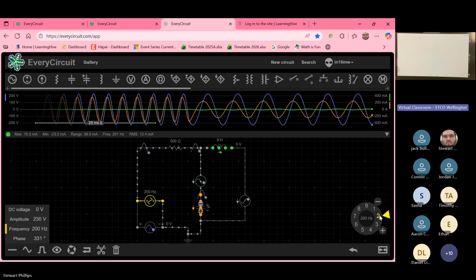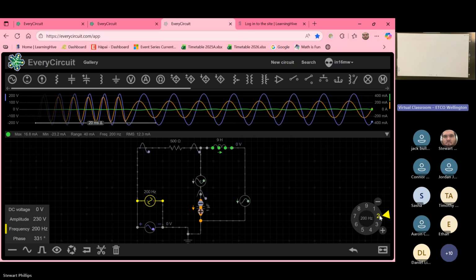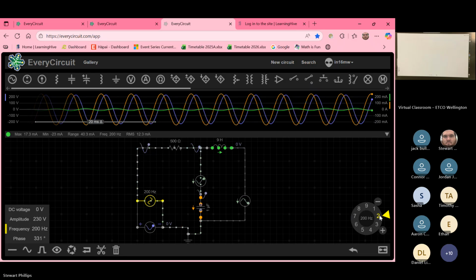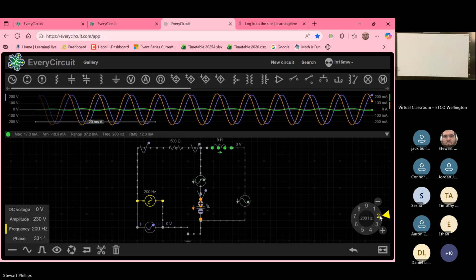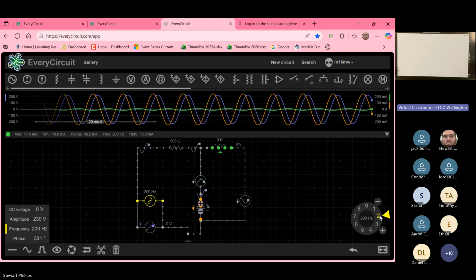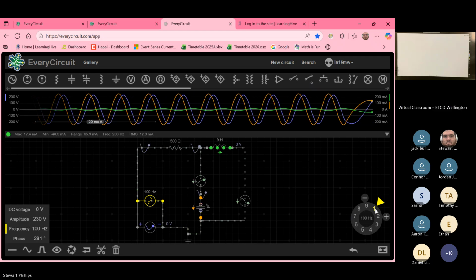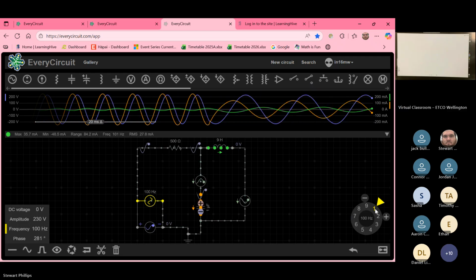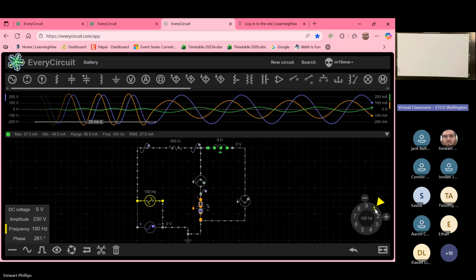So the voltage isn't lagging behind the capacitor as much anymore. So we have less reactance. At half the frequency, the voltage is lagging quite a bit behind the current flowing through the capacitor.